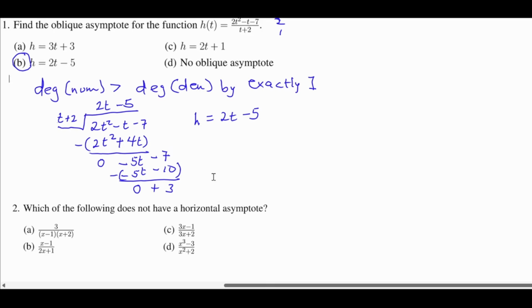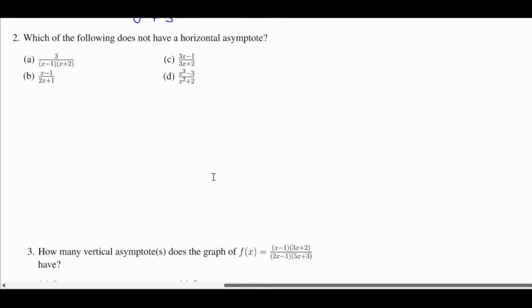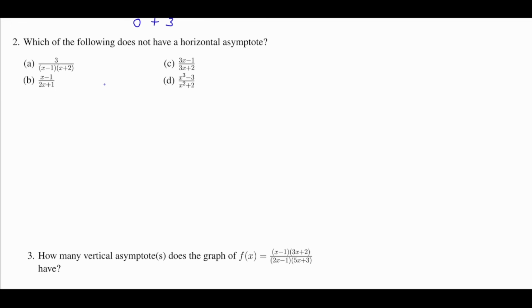Now we go to question 2. Question 2 says, which of the following does not have a horizontal asymptote? Now, for a particular rational function to have a horizontal asymptote, one of these conditions will be true. The first condition is that if the degree of the numerator is greater than the degree of the denominator, then we are saying that there is no horizontal asymptote.